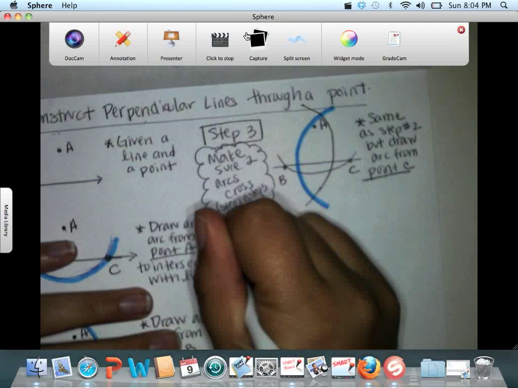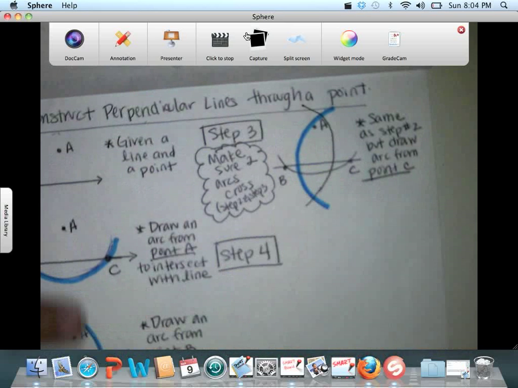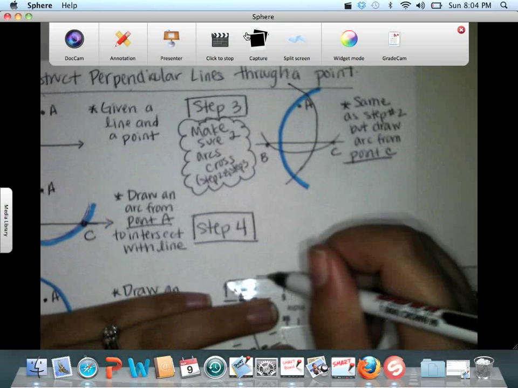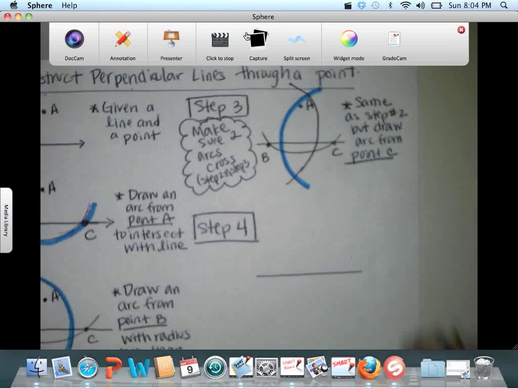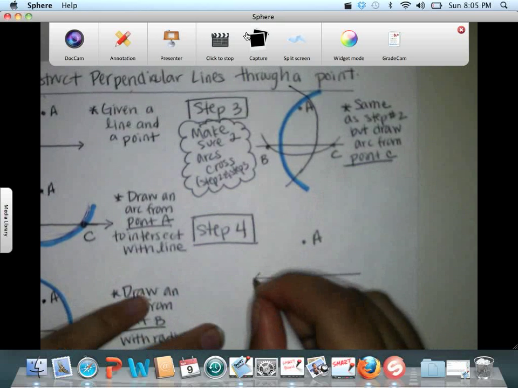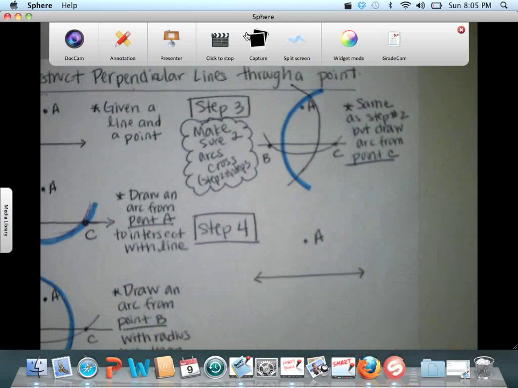Step 4. Now in this step, I'm going to make sure to do the drawing just right with my compass so you can really see what's going on. So I'm just going to repeat it. So you start with a line, with a point A, right? Now remember, this is a line, not a line segment. Okay?